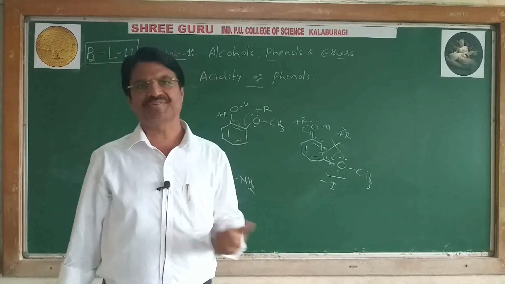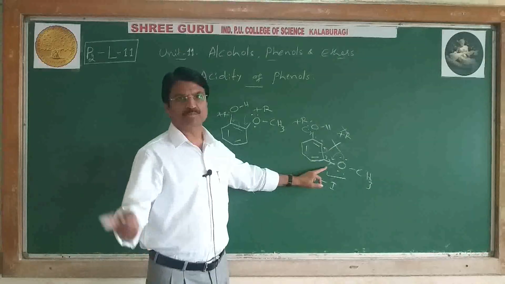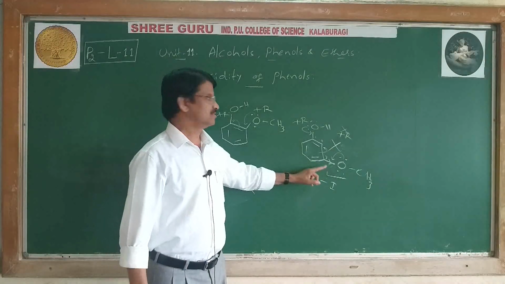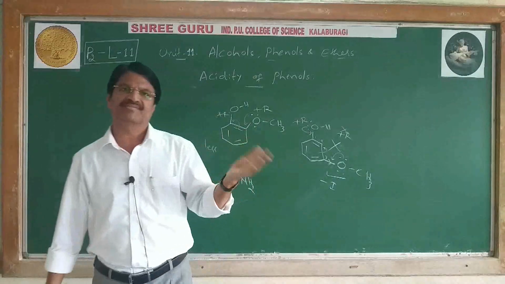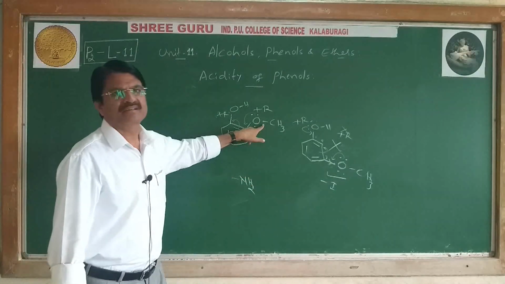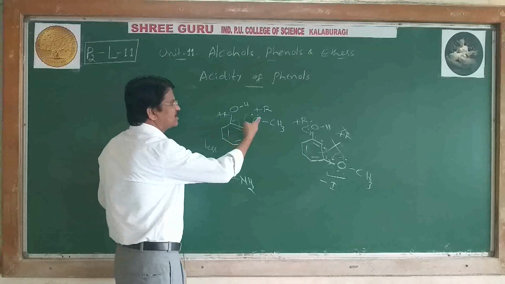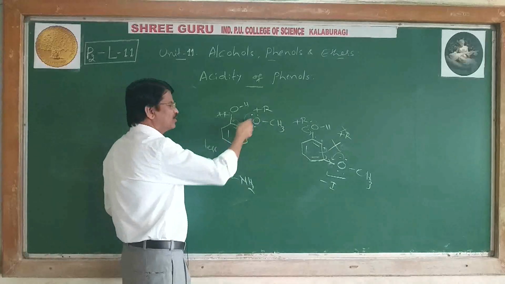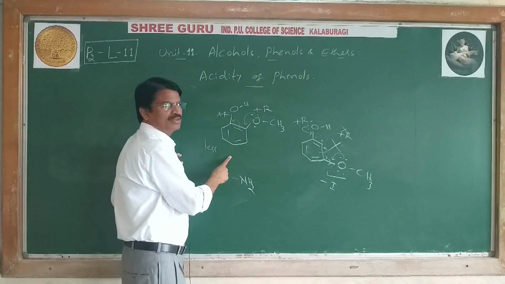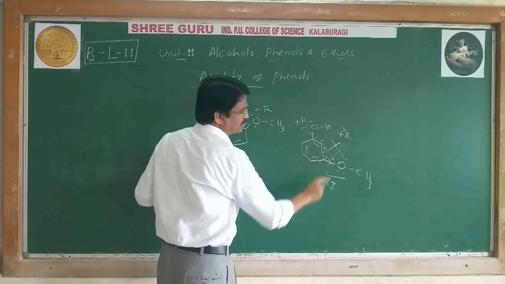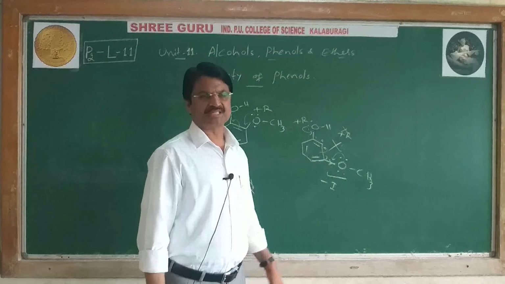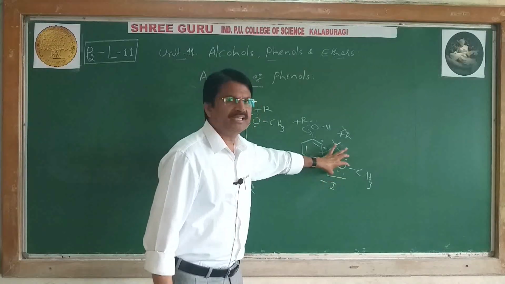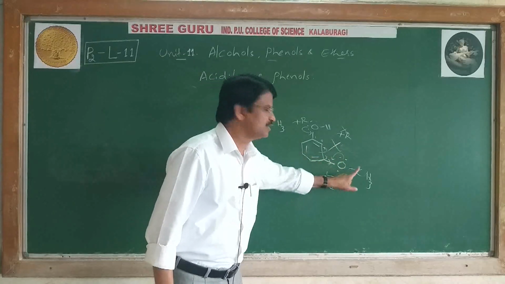or meta-aminophenol, they are said to be more acidic than phenol, whereas ortho-methoxy and para-methoxy are less acidic than phenol because there is a presence of plus R effect group. They can undergo resonance. Here also resonance, but here no resonance. Plus R effect is absent here, minus I is present. That's why it is said to be an EWG group.